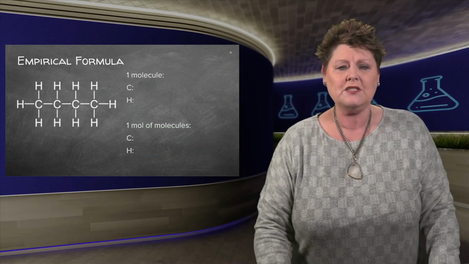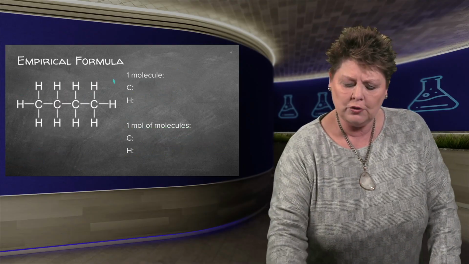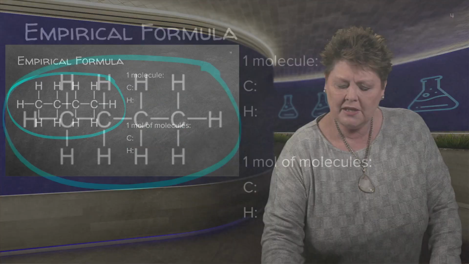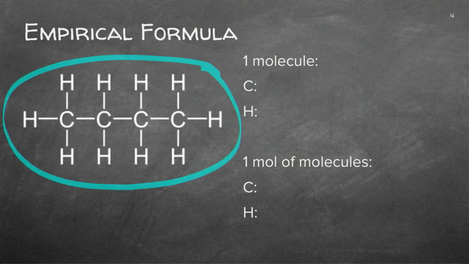Let's go to this molecule that I've got in front of you. Here you see I've got 1 carbon, 2 carbons, 3 carbons, and 4 carbons. I also have 1, 2, 3, 4, 5, 6, 7, 8, 9, 10 hydrogens.